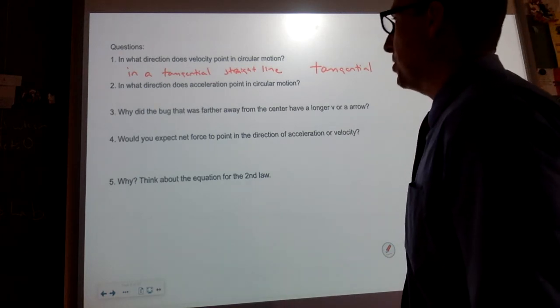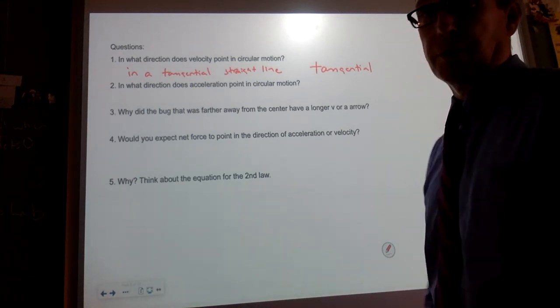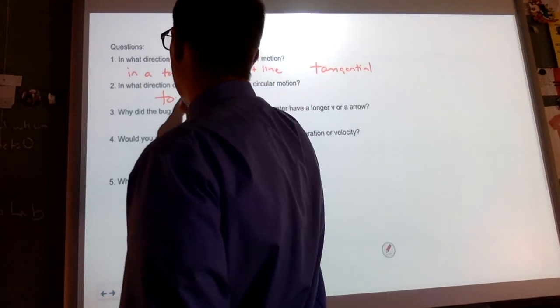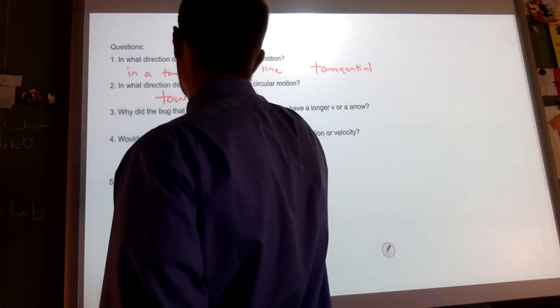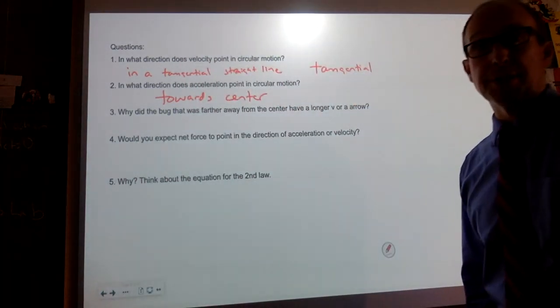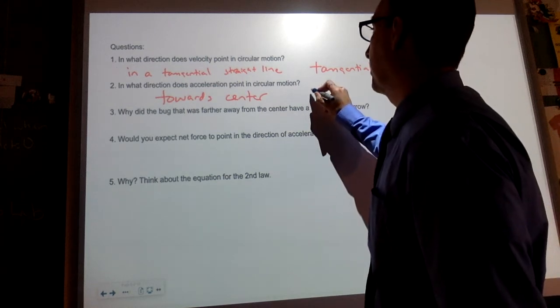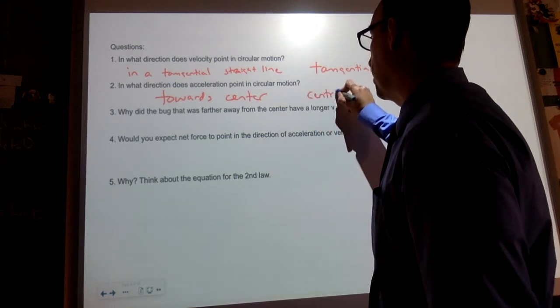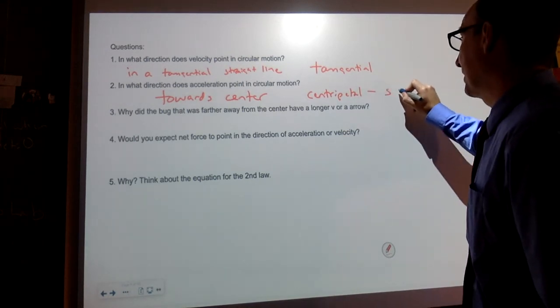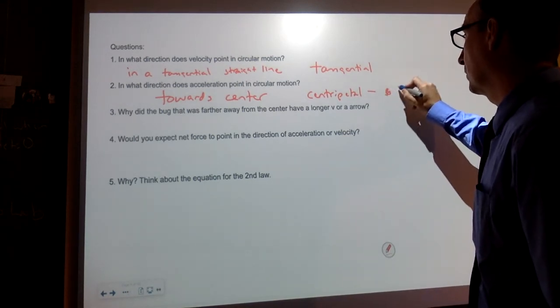Number two, in what direction does acceleration point in circular motion? Towards the center. It turns out that the word centripetal means center seeking.